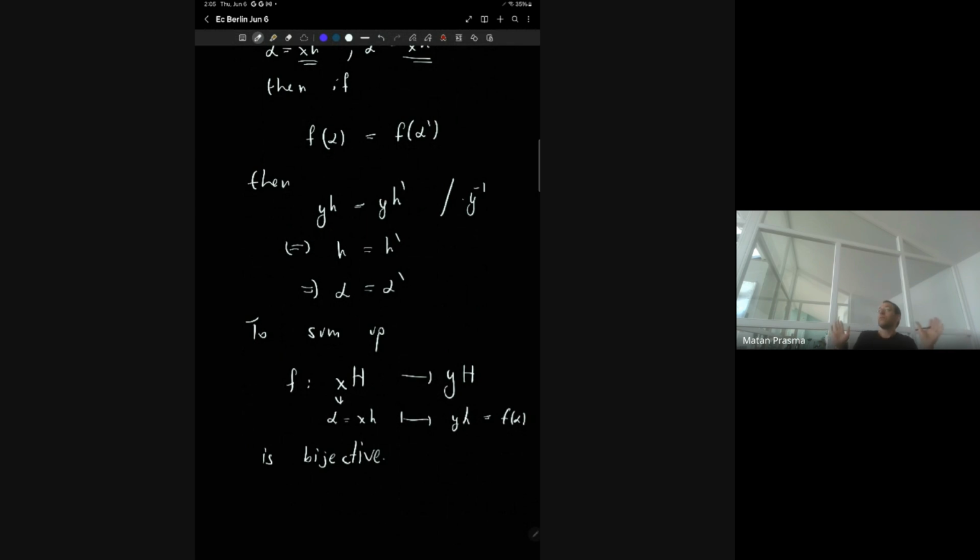This is without any assumption that H and G are finite. This is always a bijective function.